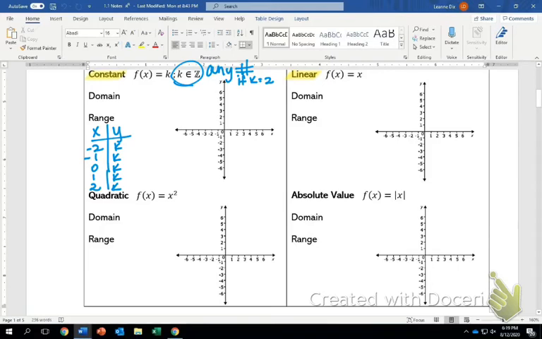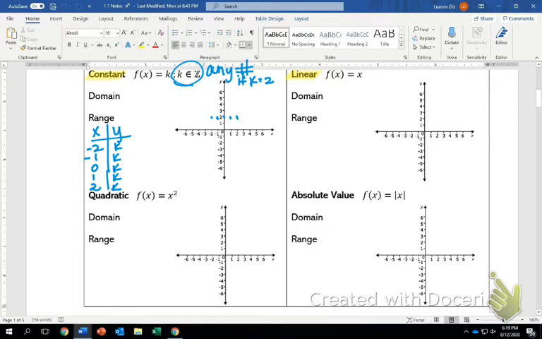So pretend all those k's say 2. If I put my points on my graph, it would be the ordered pair -2, 2, which is here, the ordered pair -1, 2, which is here, the point 0, 2, there, ordered pair 1, 2, there, and then the ordered pair 2, 2.